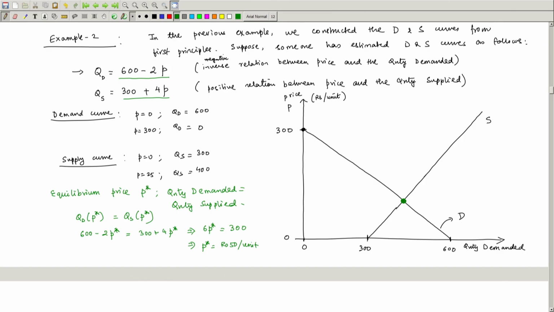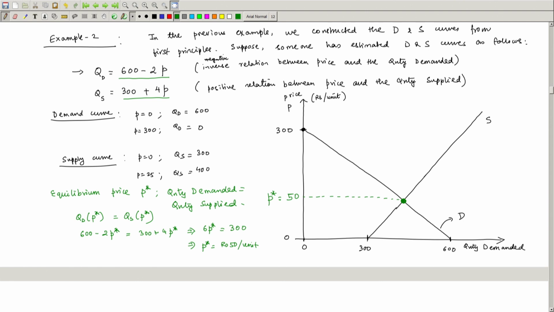So, that is the equilibrium price. I figured out that the equilibrium price is P star equal to 50. This is my P star. Now, what is the equilibrium quantity traded? This is the price at which the quantity demanded and quantity supplied are equal.